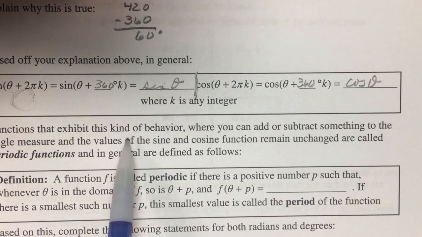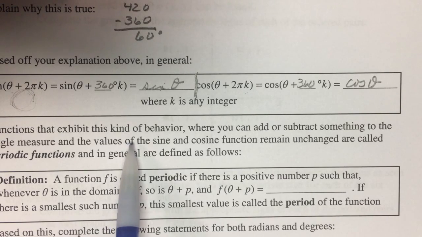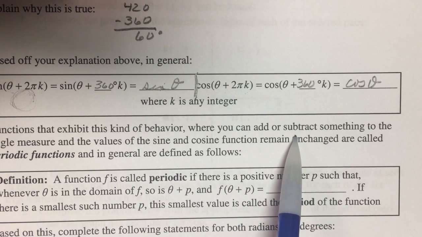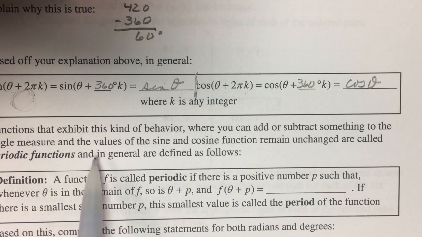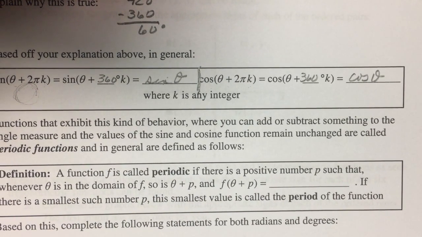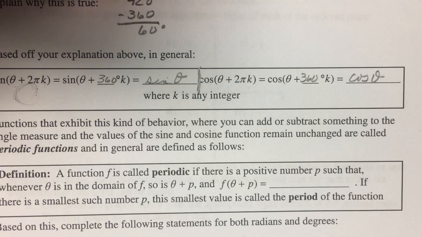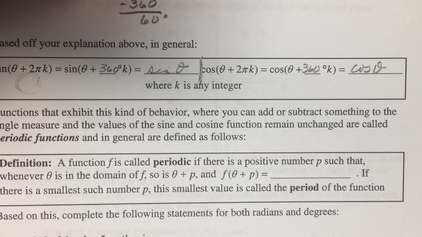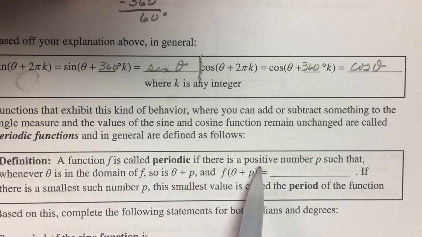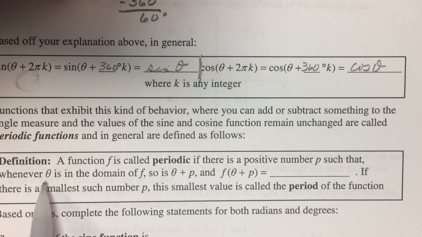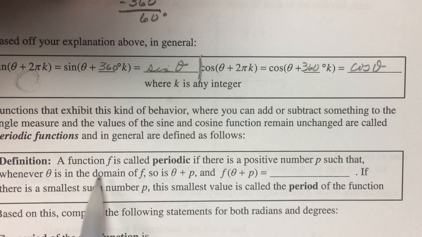Okay, functions that exhibit this kind of behavior, where you can add or subtract 360 or multiples of 360 to an angle measure and the values of the sine or the cosine remain unchanged, are called periodic functions, and in general are defined as below. So here we go. A function f is periodic if there's a positive number p such that whenever your angle theta is in the domain of f, so is that angle plus p.